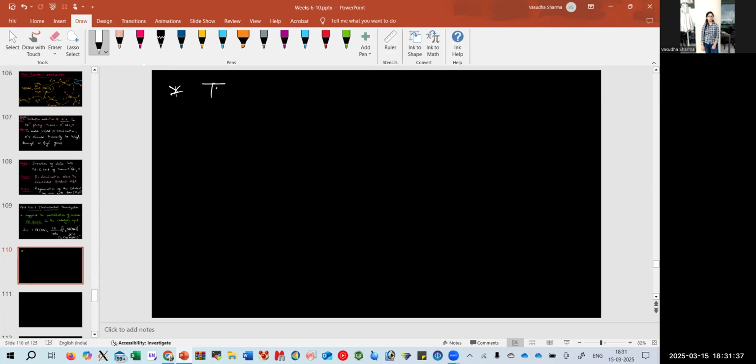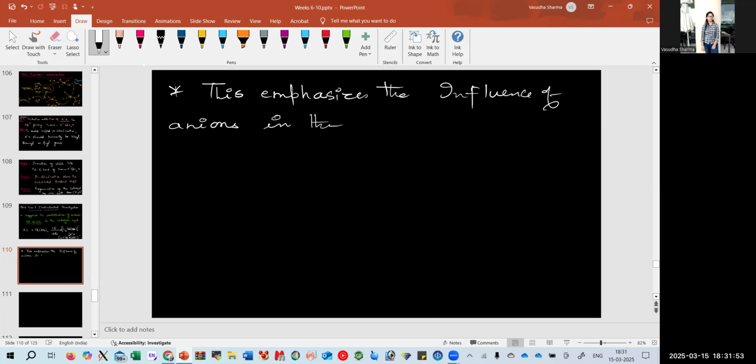So from this we get to know that here it is emphasizing the entrance of anions in the rate of oxidative addition in the catalytic cycle.